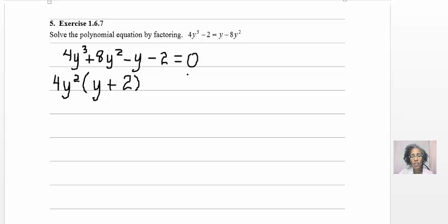Now, if this process is going to work, then there's got to be a GCF that I can factor out of the last two terms that also multiplies by y plus 2. And it turns out that GCF is minus 1. So if I multiply minus 1 times y, I get minus y, and minus 1 times 2 does give me minus 2. And I'm going to put these GCFs in red.